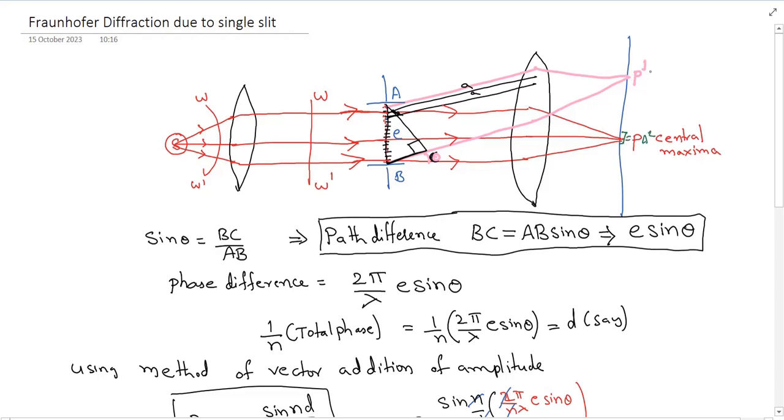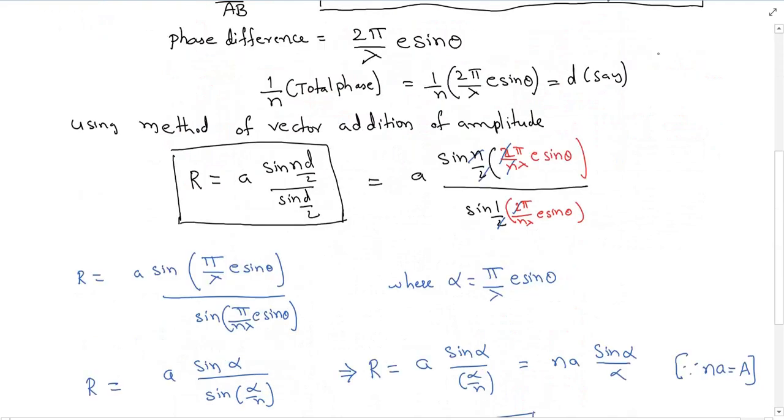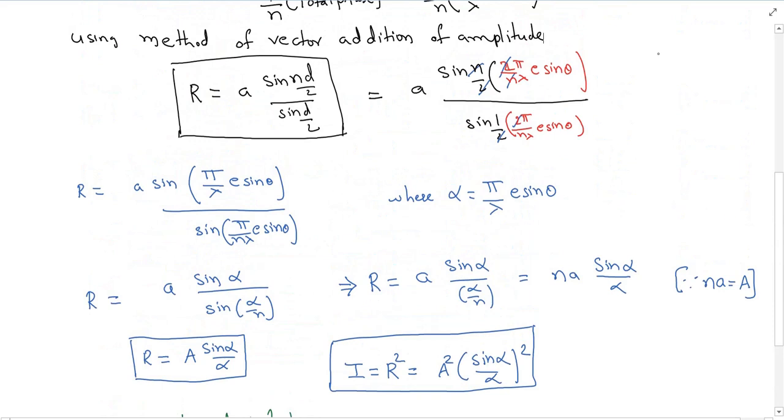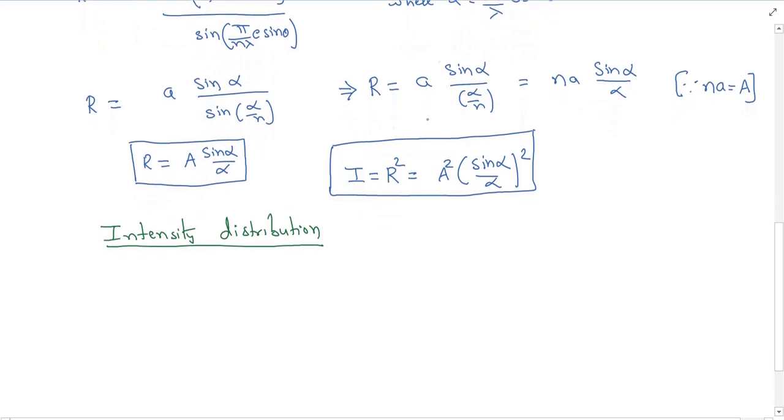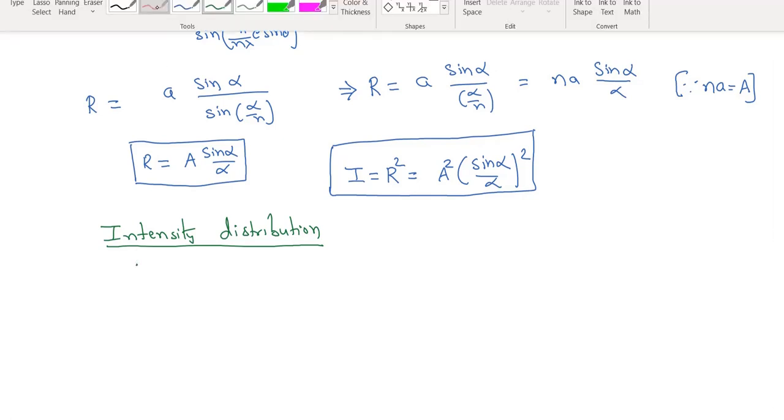When we are going to get minima and when this P dash will become the secondary maxima, those things we would like to see now. So first of all, our task is to make I equal to A square. To become I equal to A square, what should the condition be? Sin alpha by alpha should become equivalent to 1. So this condition we call central maxima.